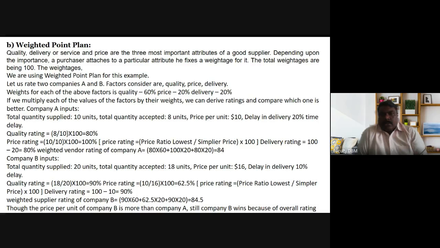So price ratio is lowest price by supplier price into 100. The normal price is only 10 and he is charging only 10 rupees, so it becomes 100%. Delivery rating is equal to 100 minus the 20% delay, so 80%.